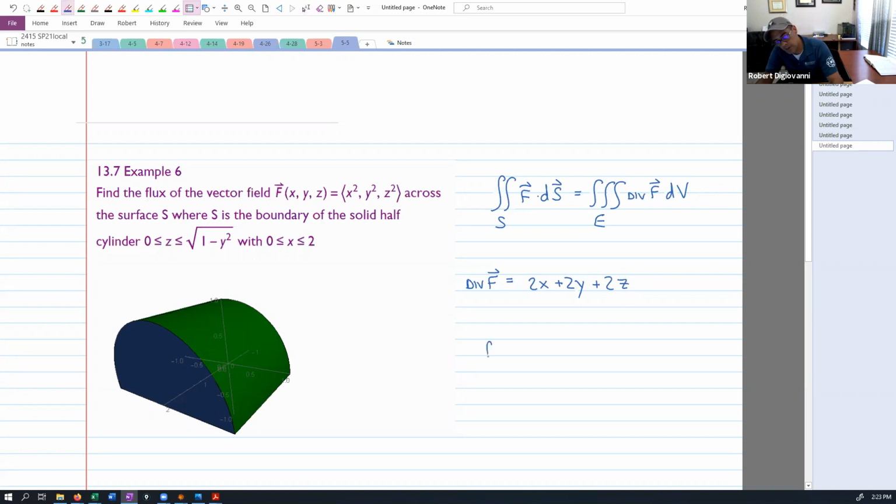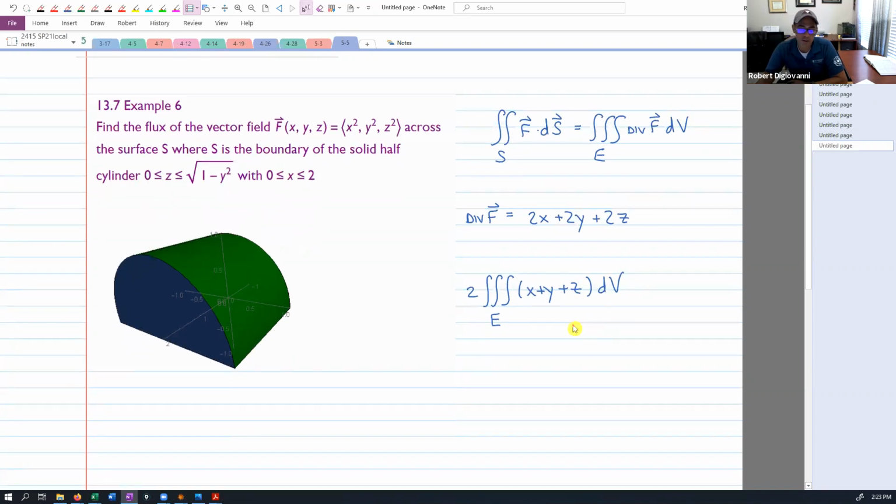But we can do this triple integral over E of, let's bring a 2 out, x plus y plus z dV. Look, this is a good old-fashioned triple integral. This is nothing crazy, it's like when we were first learning about triple integrals.